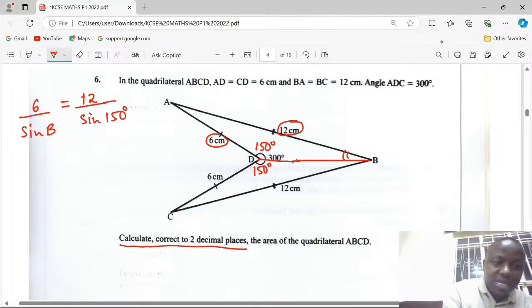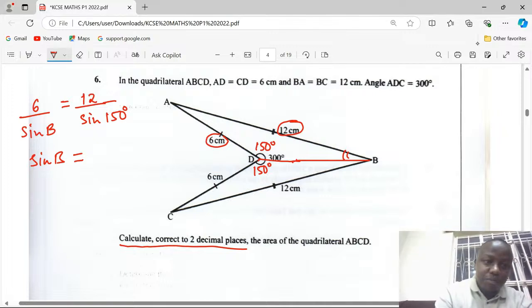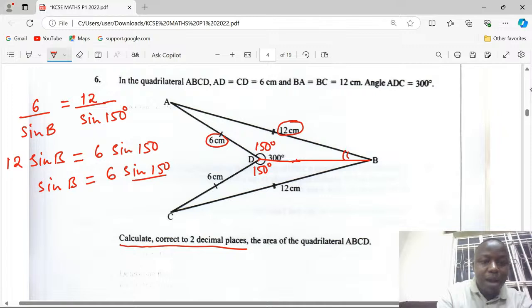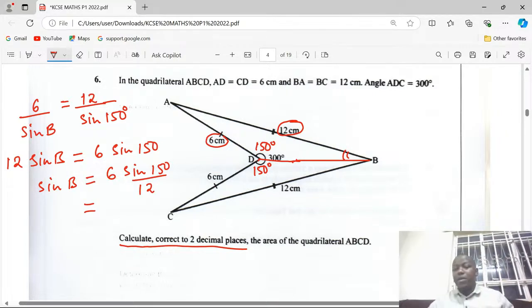So with this, the sine of the angle at B is equivalent to 6, the sine of 150, divided by 12, remember I'm cross multiplying by 12 here. Okay, let me work it out first of all.